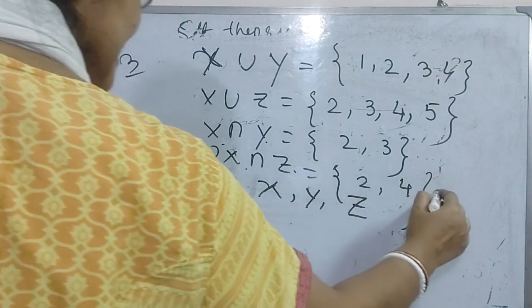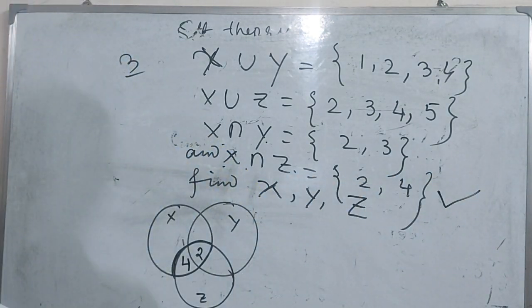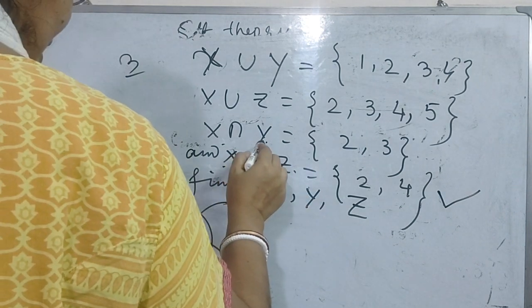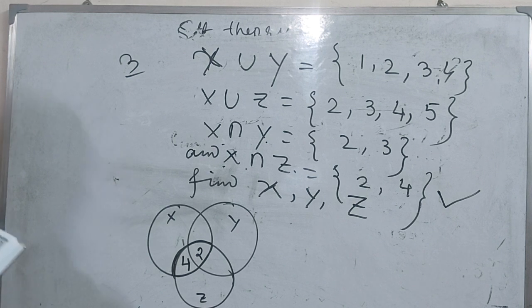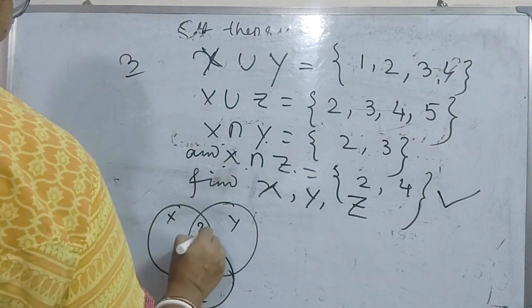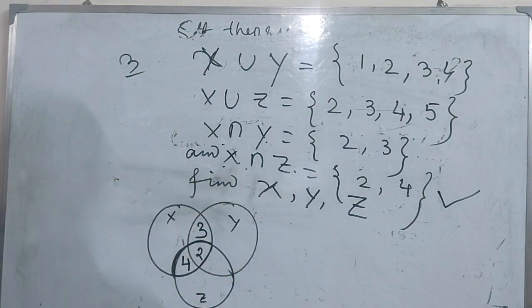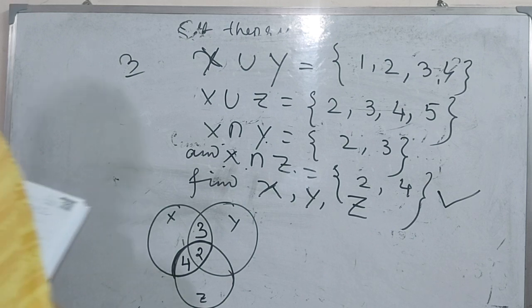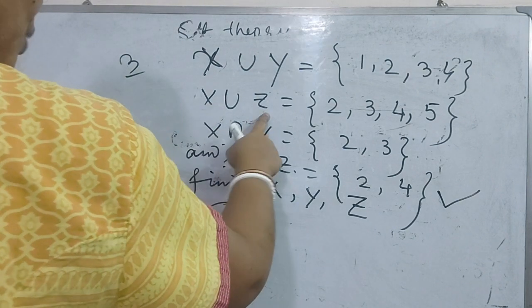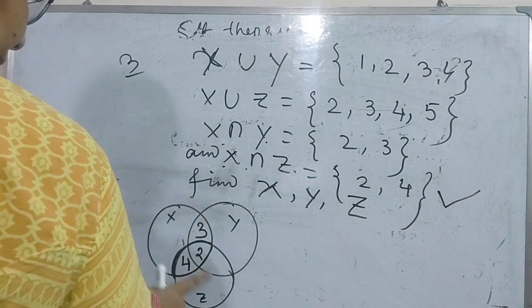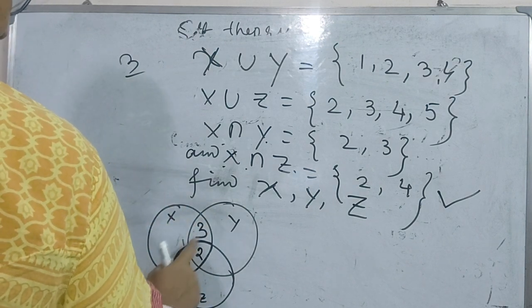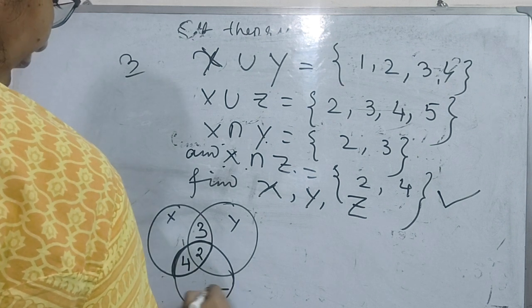X intersection Z is 2, 4. X intersection Y equals 2, 3, so this is 3. And X union Z is 2, 3, 4, 5.